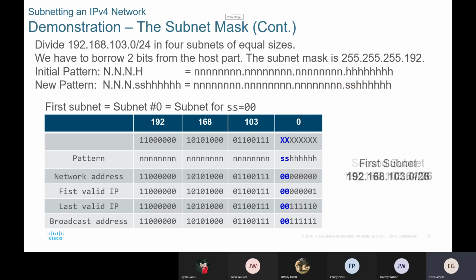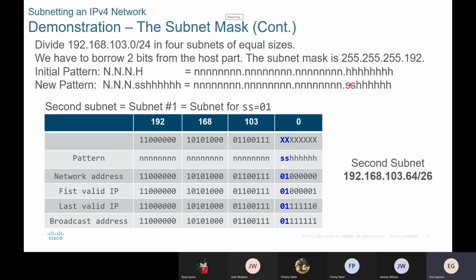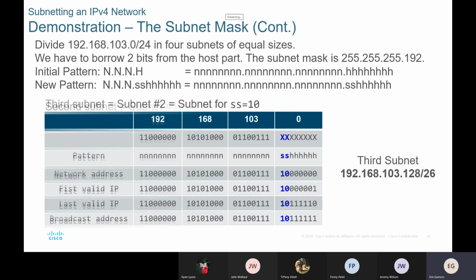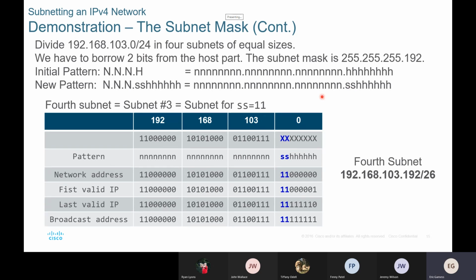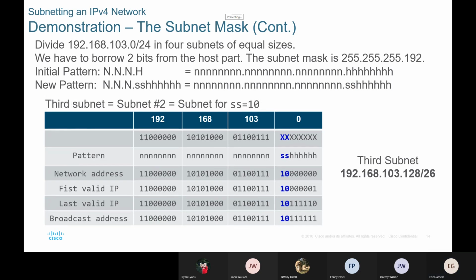If you look at the next slide, we put these 2 bits in 0, 1, which is the second subnetwork. If you look at the next slide, we put these 2 bits in 1, 0, which is the third subnetwork. And if you look at this slide, we put these 2 bits in 1, 1, which is the fourth subnetwork.